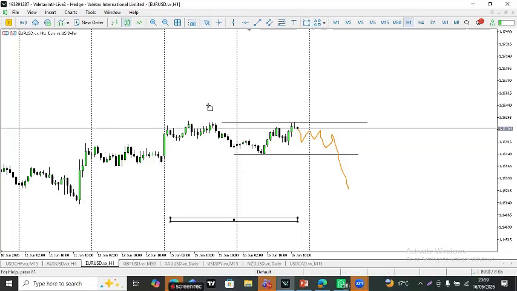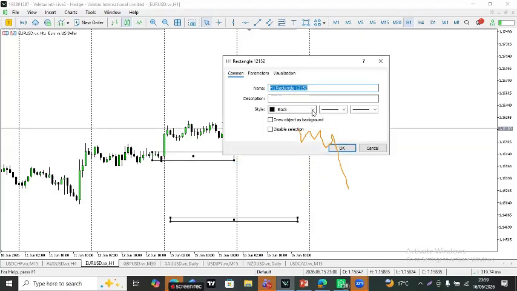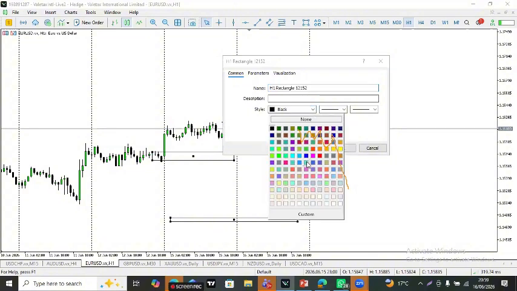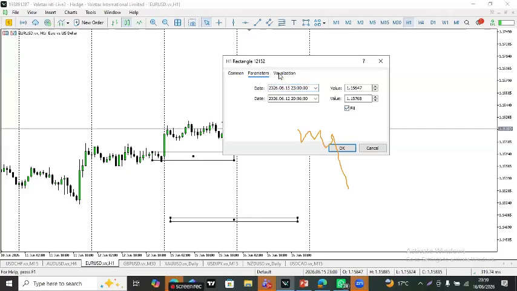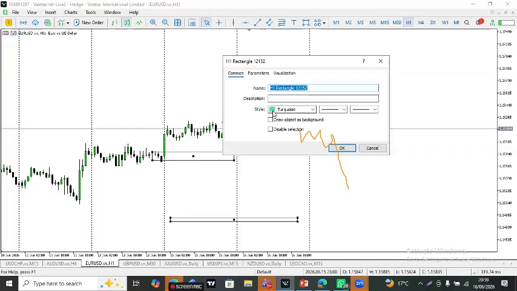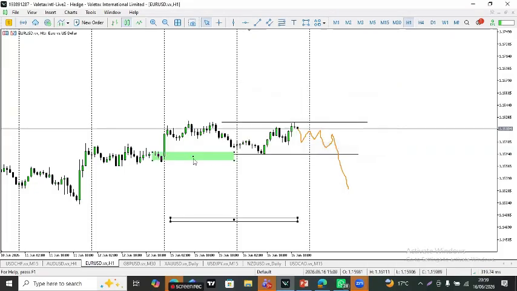This is where the break had originated here. So this is where the break had originated.